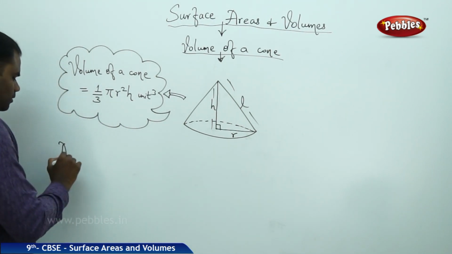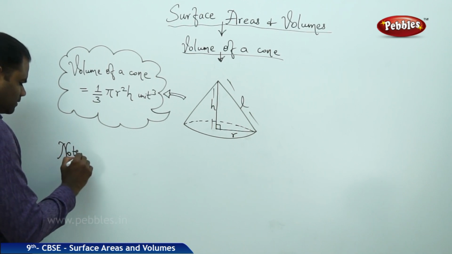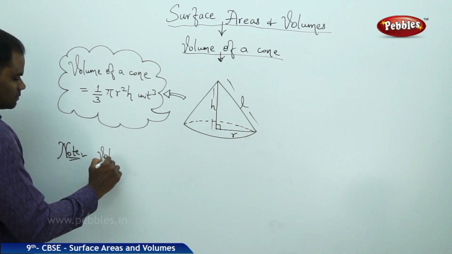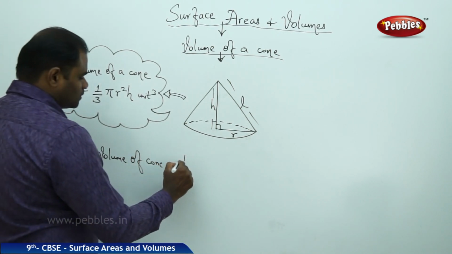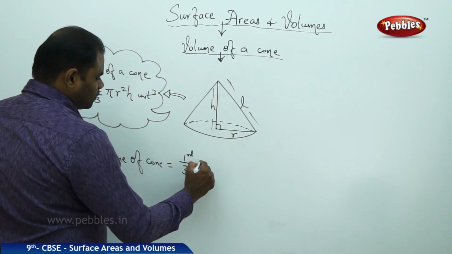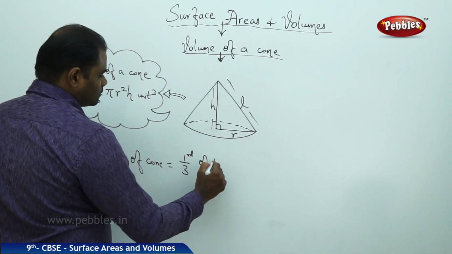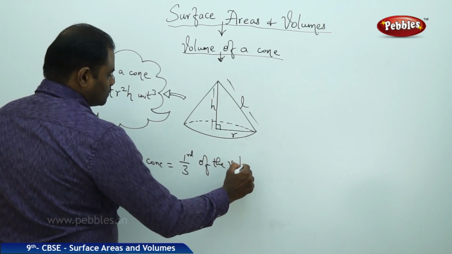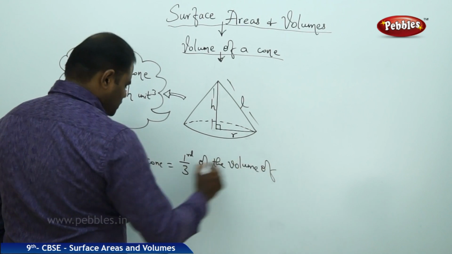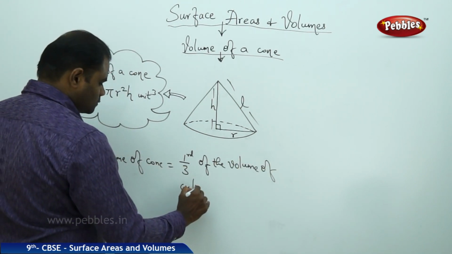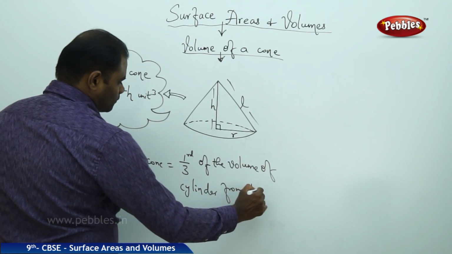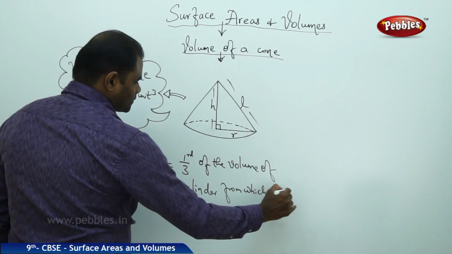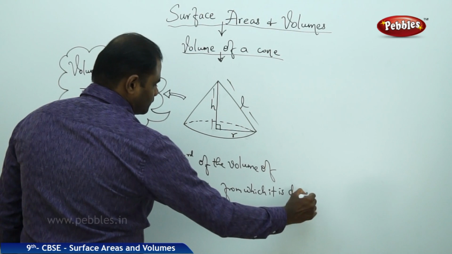Note, it's a very important note I make here, that the volume of a cone is 1/3 of the volume of the cylinder from which it is derived.